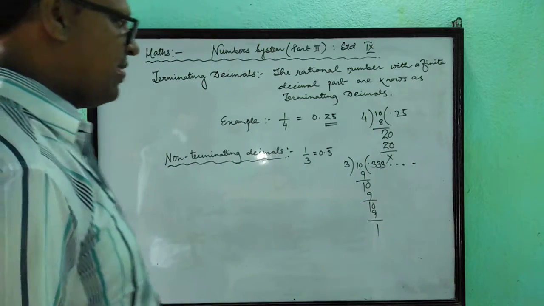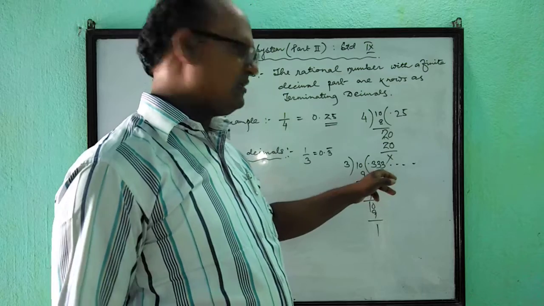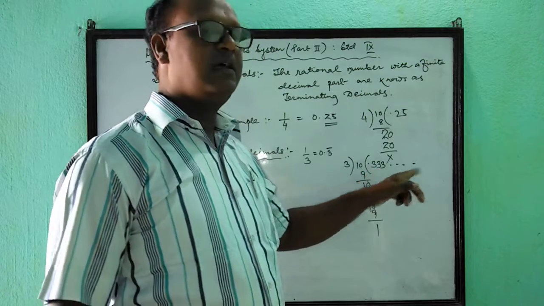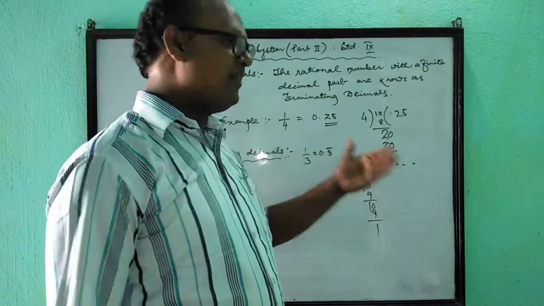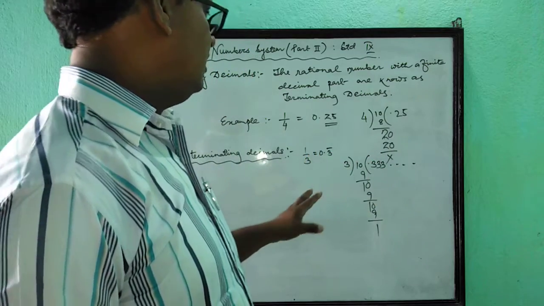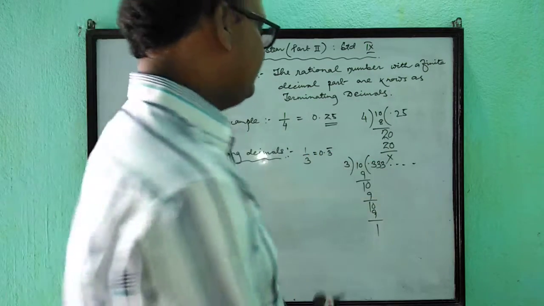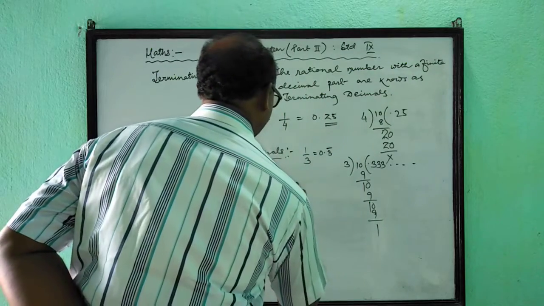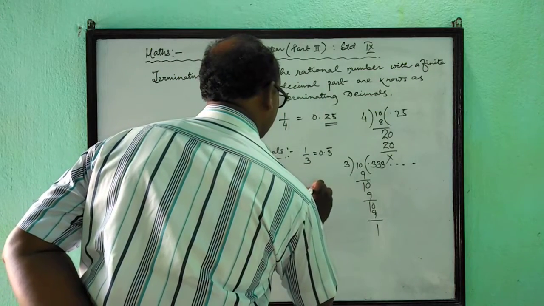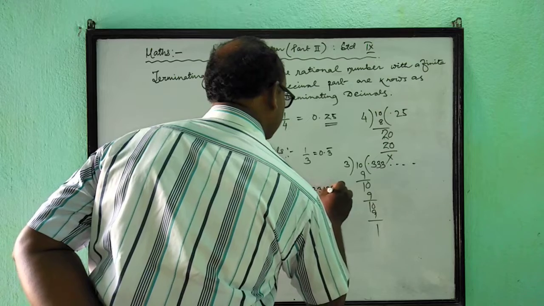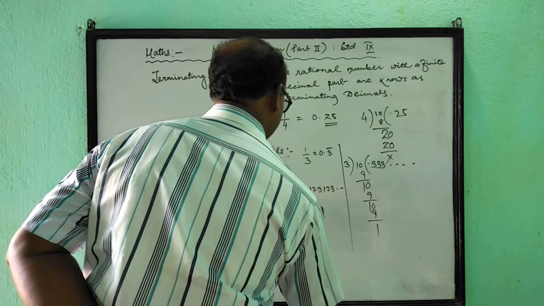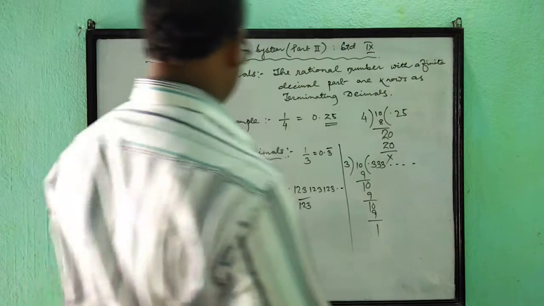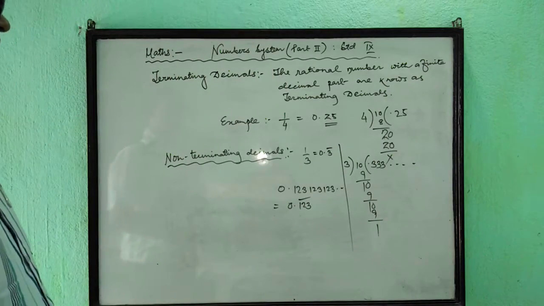In another decimal, it may be 0.123, 123, 123 and so on. This is called a non-terminating decimal.